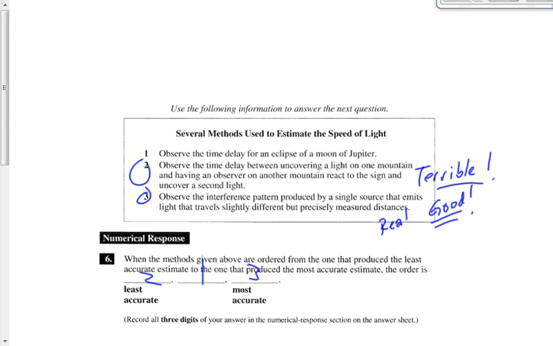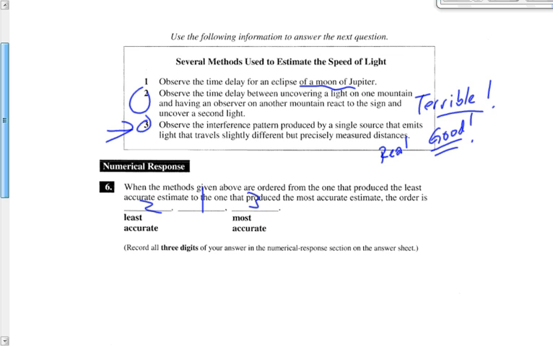If you increase the distance pretty dramatically, like the distance from here to Jupiter, then all of a sudden reaction time isn't nearly as big, right? But light still travels pretty quickly from here to Jupiter. So it's still an issue. The double slit experiment, Young's double slit experiment, the whole interference thing, that's by far the most accurate one. That's why we spent so much time on that.